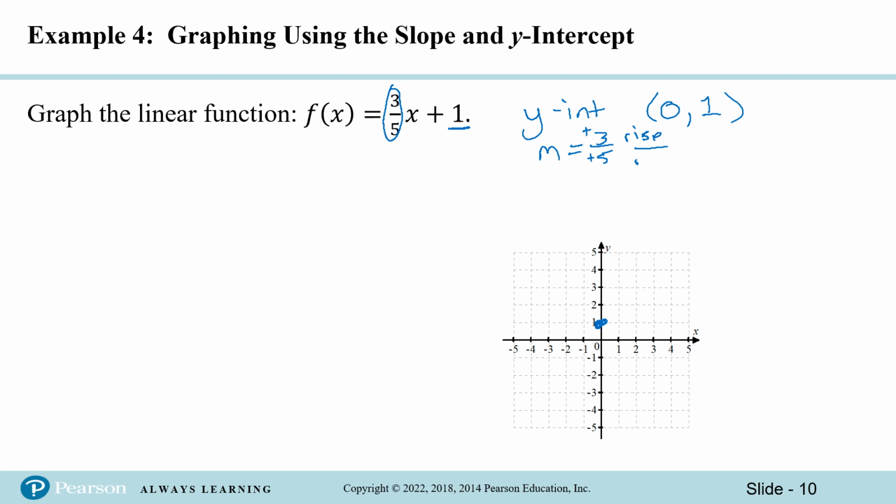From the point that we just graphed, 0, 1, you're going to go up 3 units, 1, 2, 3, and you're going to go to the right 5 units, 1, 2, 3, 4, 5, and put a point. Do not start from 0, 0. You have to start from a point that's actually on the line, and that would be, in this case, 0, 1. And then you're going to connect those with a straight line.